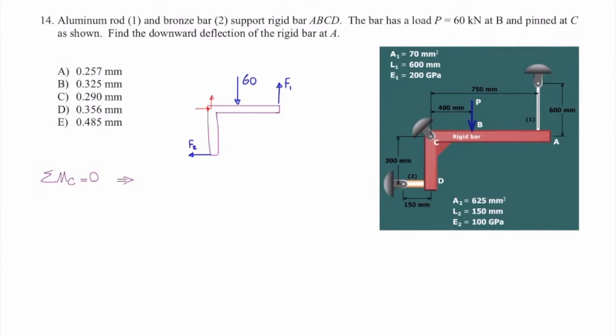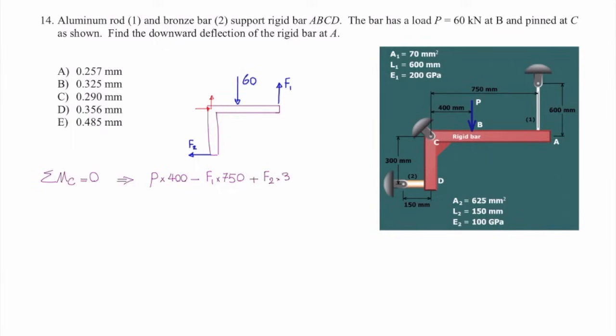And I will write down sum of the moments about C. All right, force P has the arm of 400 millimeter. I will consider clockwise as positive. F1 will be counterclockwise, so I will consider negative for that, and the arm of that would be 750. And F2 would be clockwise, so I'm going to consider that as positive. How much is the arm in this case?